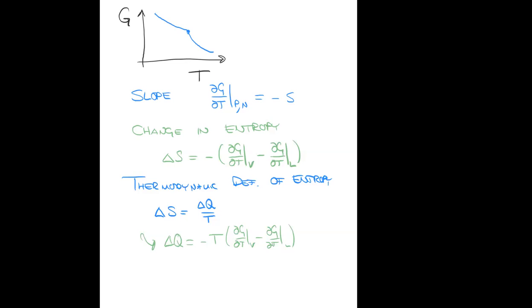So I'm adding heat to the system at constant temperature, not changing the temperature, but I do change the system from one phase to the other. So this object is called latent heat. And the way it's defined in our book is that the latent heat is defined per particle. So this is called L times N, where N is the number of particles.